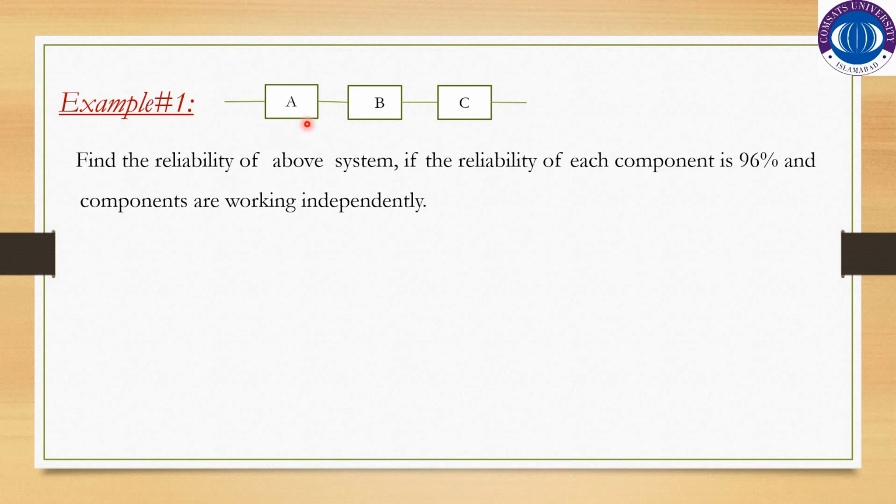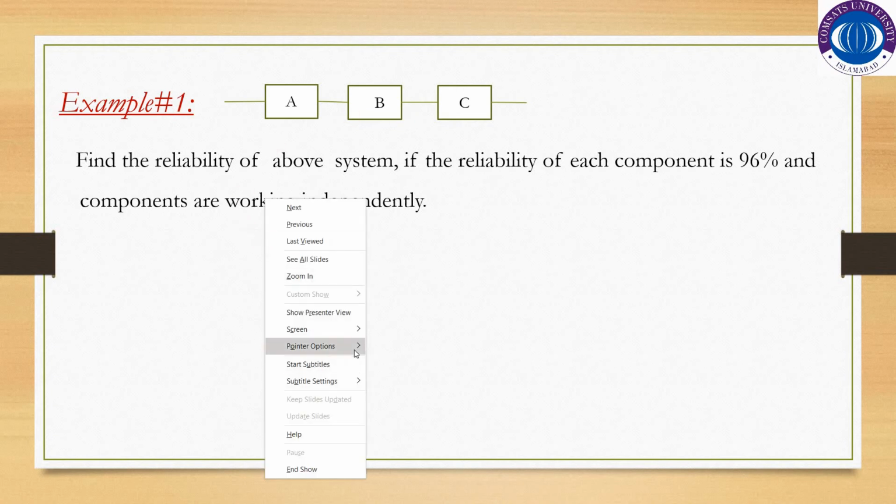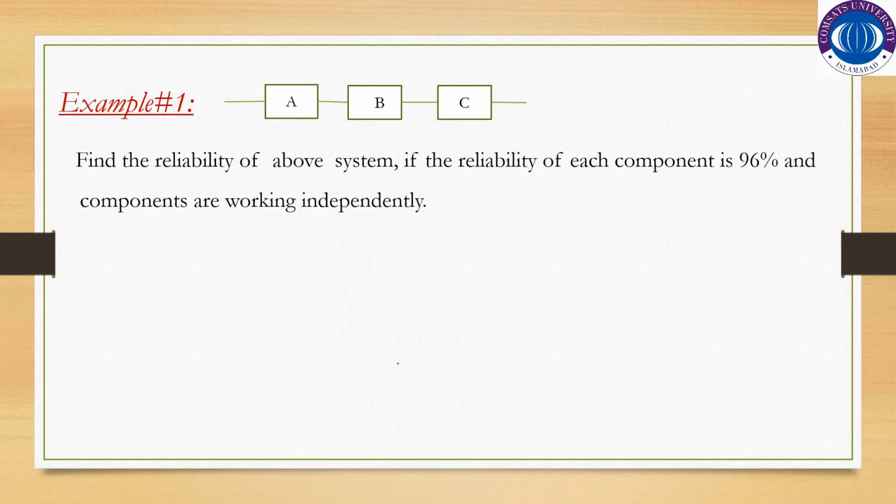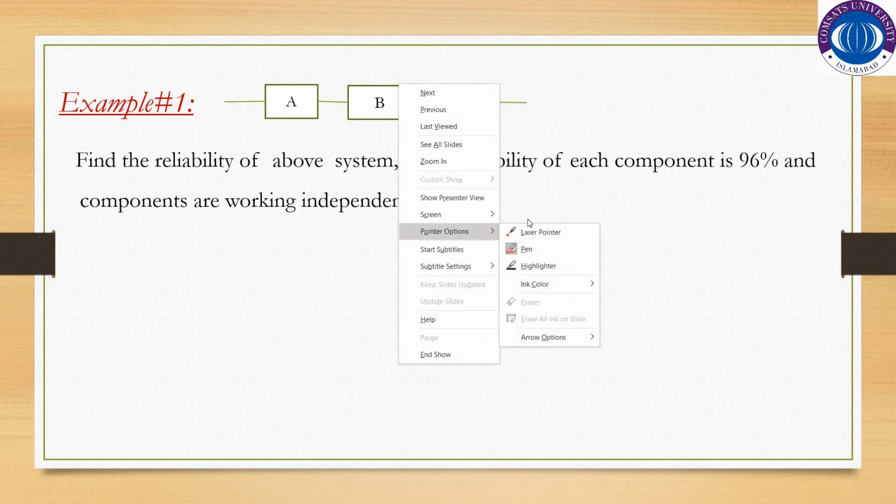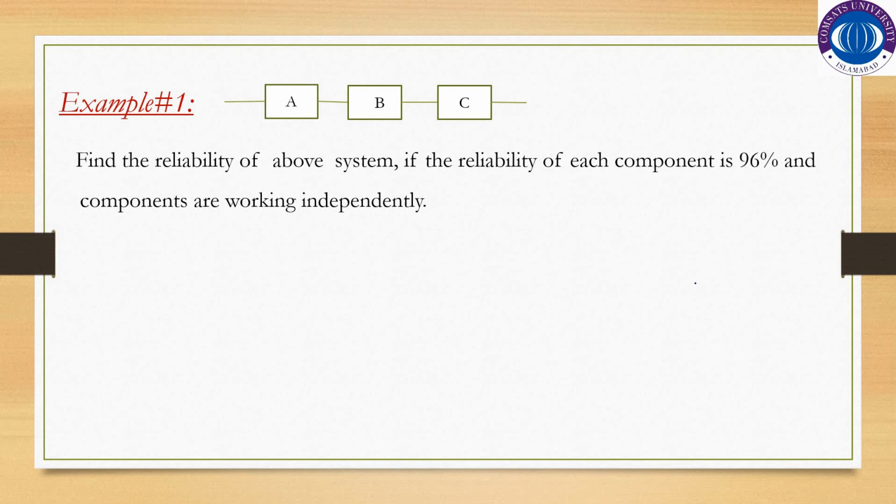Now we can see here three components A, B and C are connected in series. And we have to find the reliability of this system. And we know that what is reliability? Reliability is the probability that system does not fail, or we can say probability that system works.